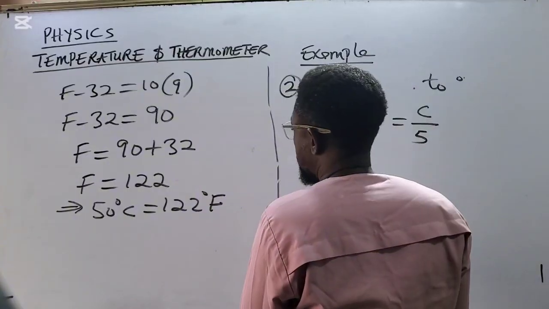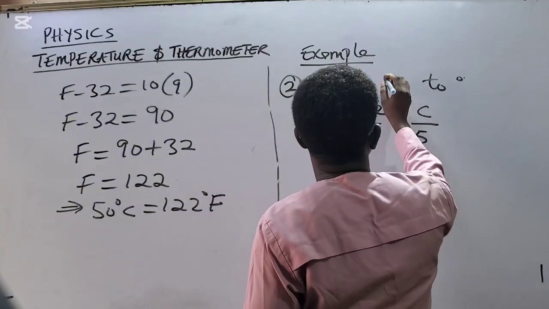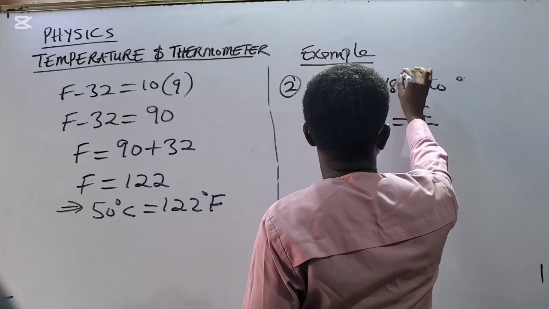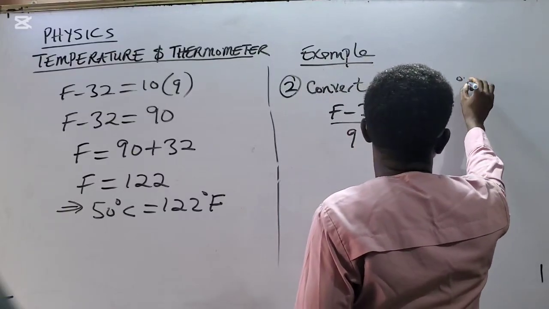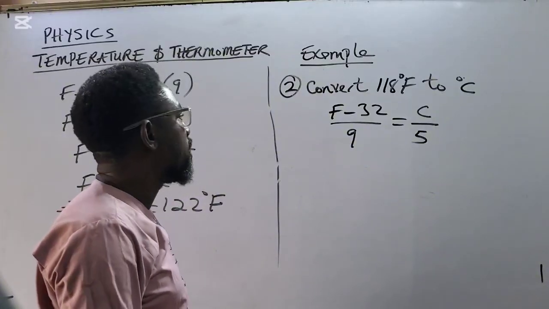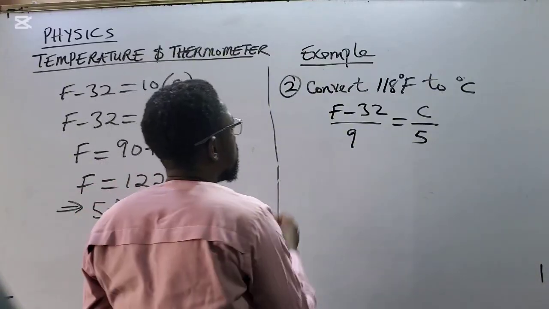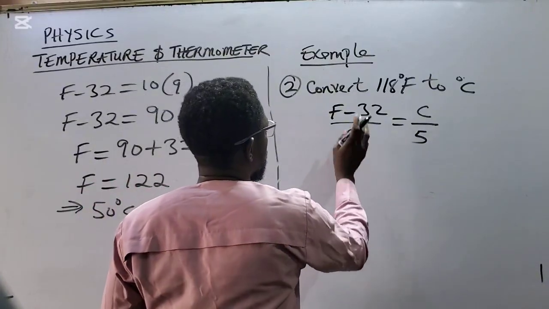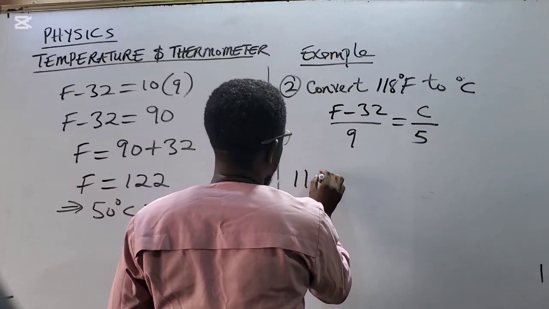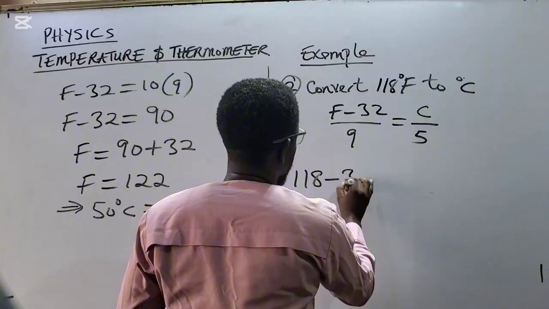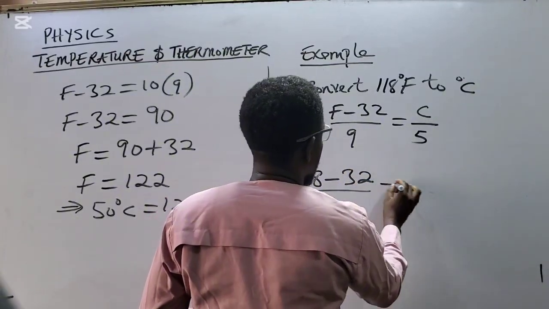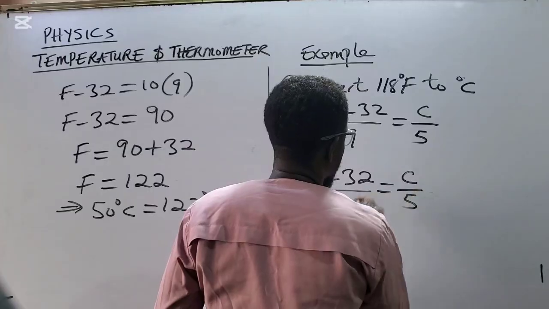Let's say I have to convert 118 degree Fahrenheit to degree C. You apply the same principle. So I'll get (F minus 32)/9, so I'll get 118 minus 32 all over 9 equals C over 5.